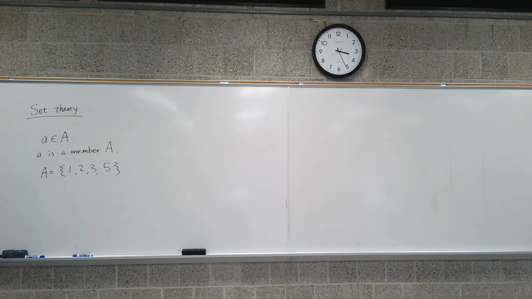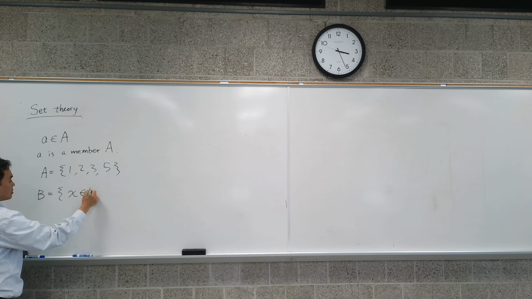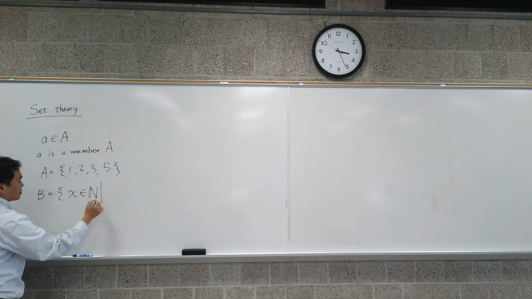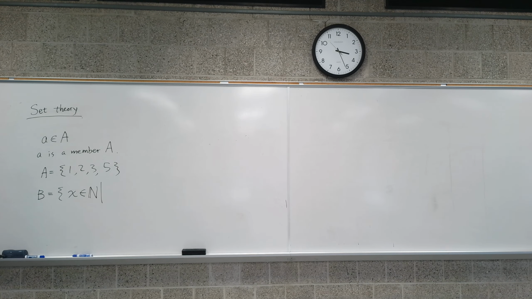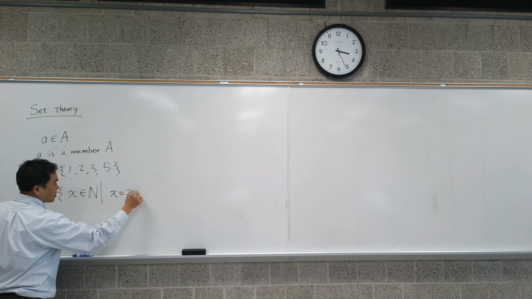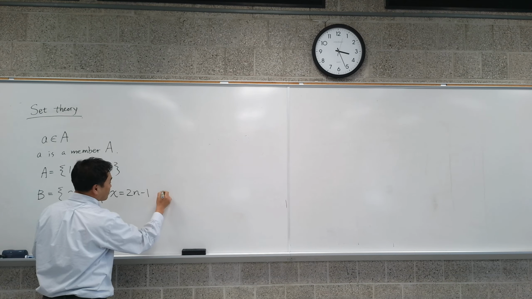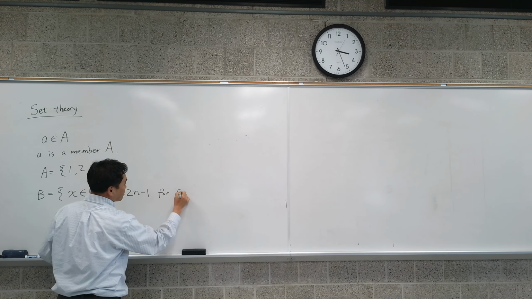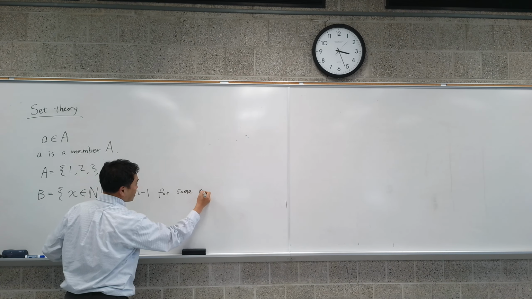Another would be to say what you're collecting. Let's say x is what we're collecting, but x has to equal 2n minus 1, for some n.